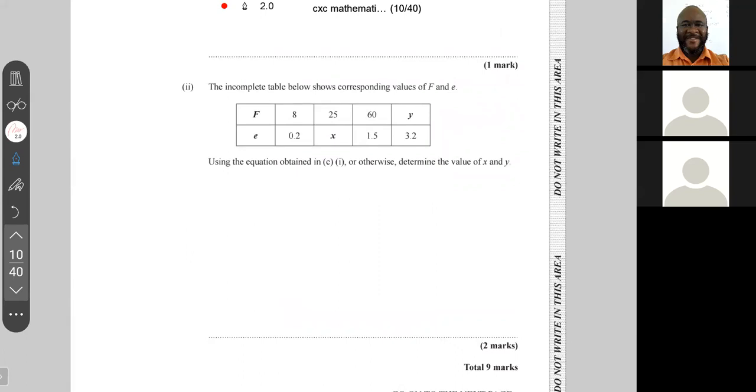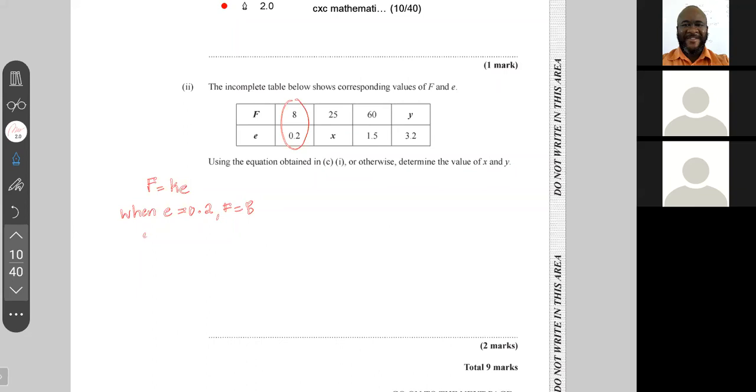Step two, from step one, we're going to have F is equal to K multiplied by E. Step two, we're going to be given a value of F and E so that we can calculate K, which is the constant of variation. So using this here, when E is 0.2, F is 8. So I'm going to say when E is 0.2, F is equal to 8.